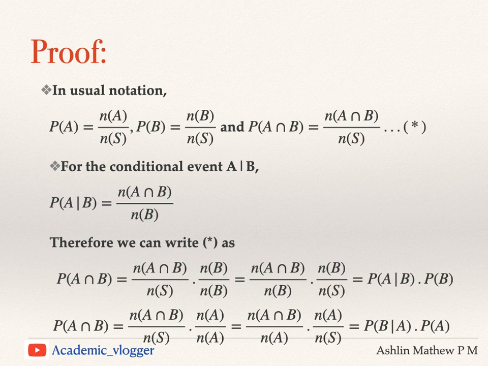So this is how we get the multiplication theorem, where we can write probability of A intersection B in terms of both conditional probabilities, that is the conditional probability of A given B and the conditional probability of B given A.